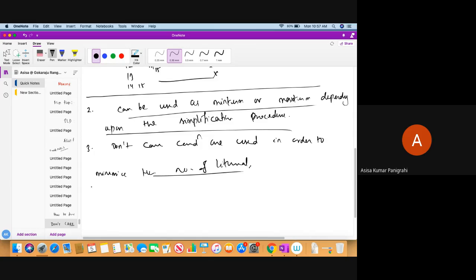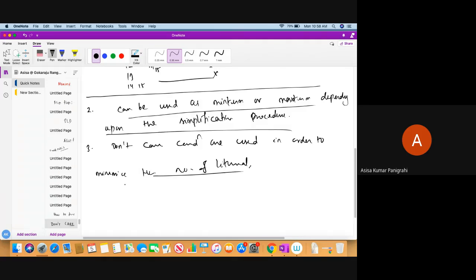Don't just use it simply because it is given in the question. I will tell you these rules, don't worry. If some don't cares are given in the question, it's not that you must compulsorily use them. If using those don't cares gives the minimum number of literals, then only use them. Otherwise don't use them.